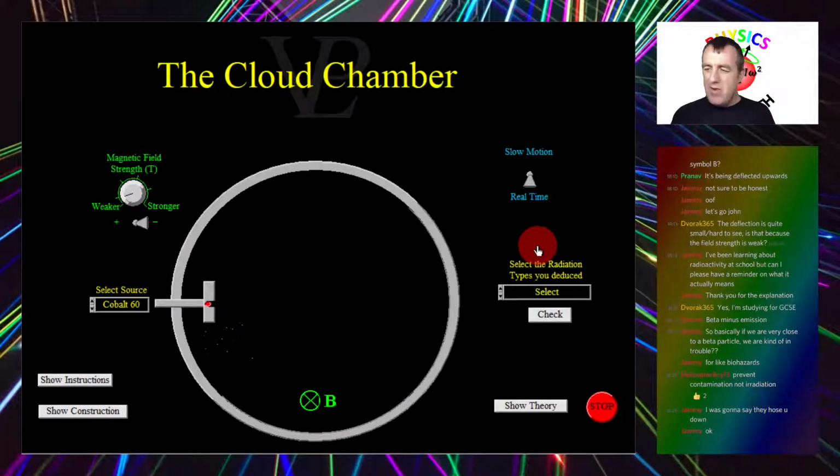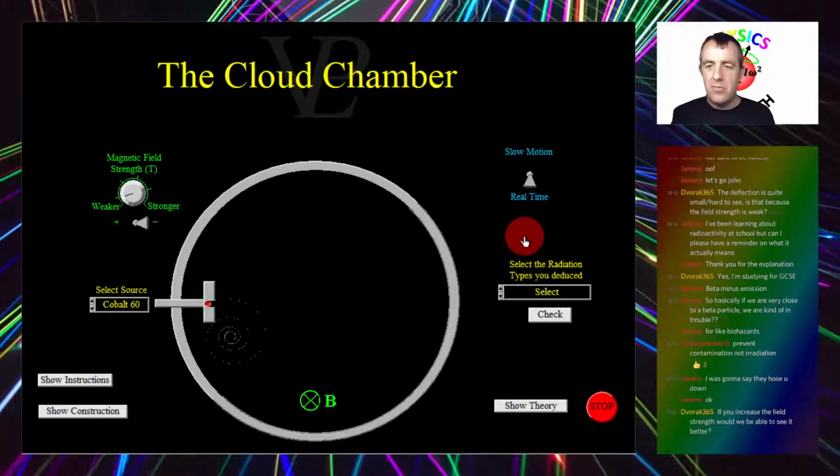That's supposed to be representing gamma, but I'm not convinced it's very accurate as a gamma emitter. You wouldn't really see a line of those. You'd just see one little droplet appear, and you wouldn't notice it. So you can't see gamma radiation in a cloud chamber. You just can't.